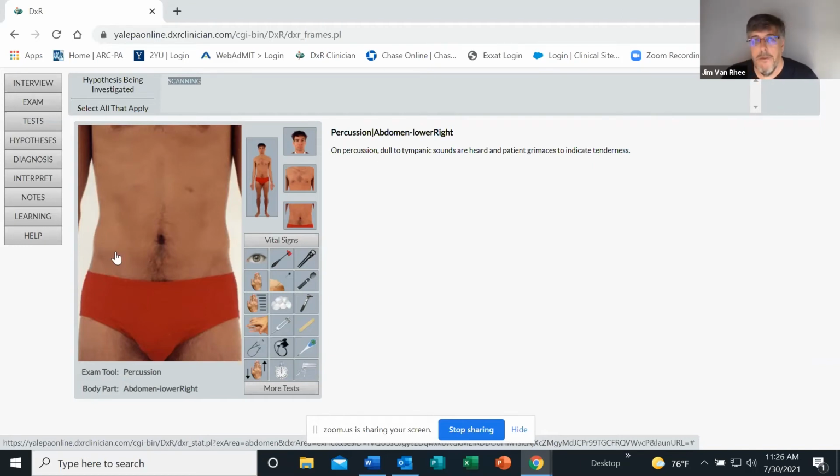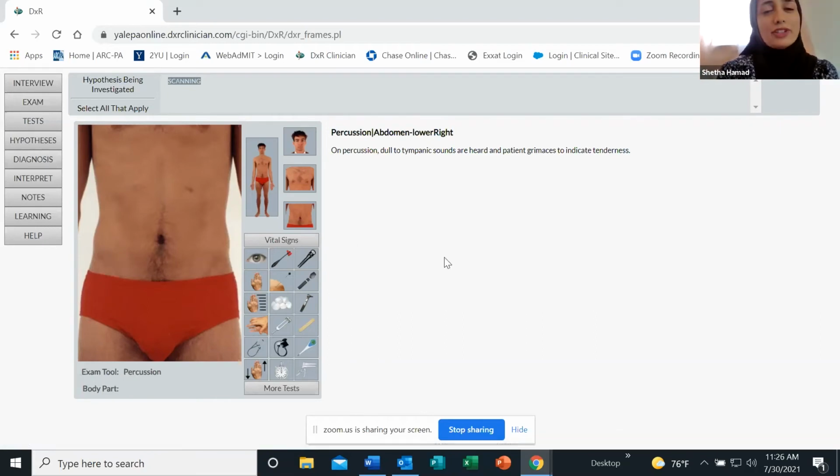Was that a test of rebound tenderness that we were talking about, or was that the Rovsing sign? No, it's not. But that shows that the patient has some guarding, and that it describes the quality of that pain. It's pretty bad if he's having pain with just percussion.